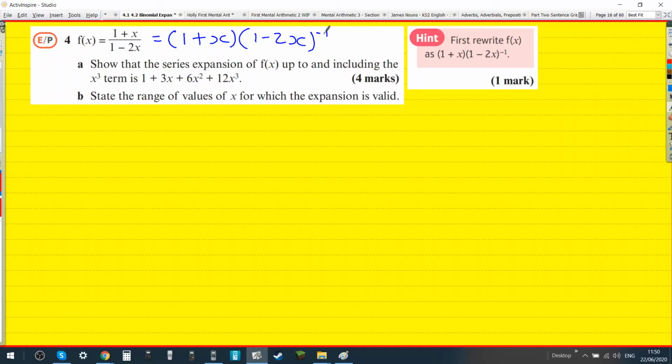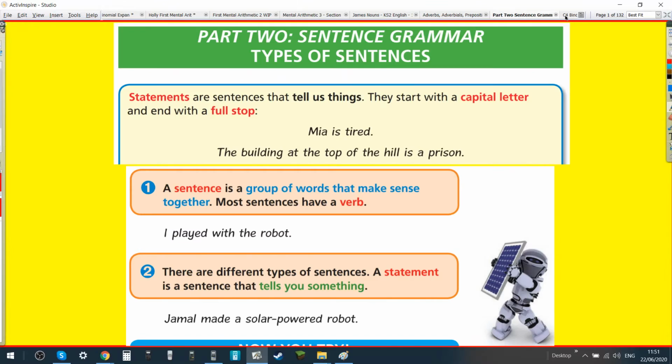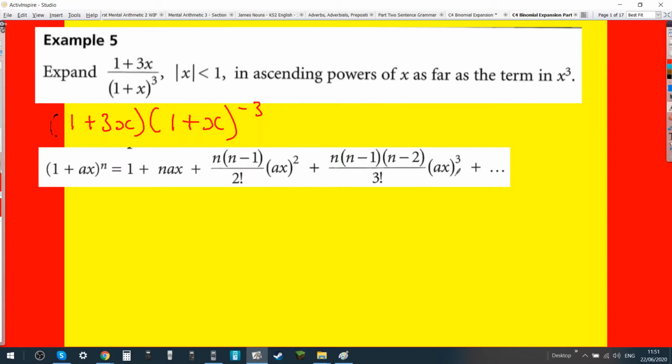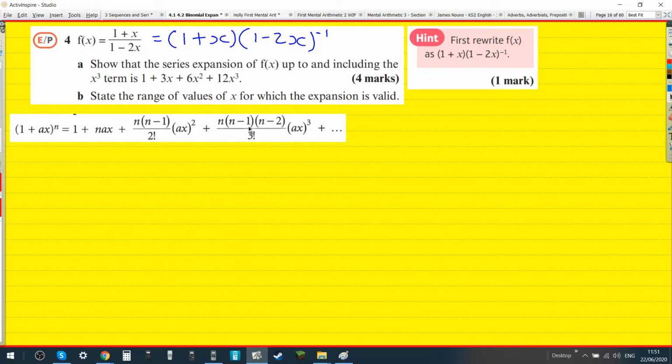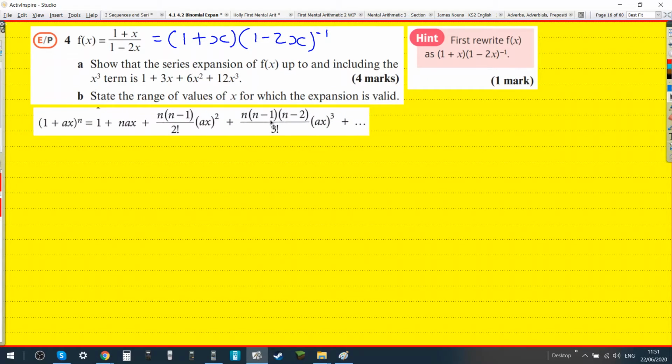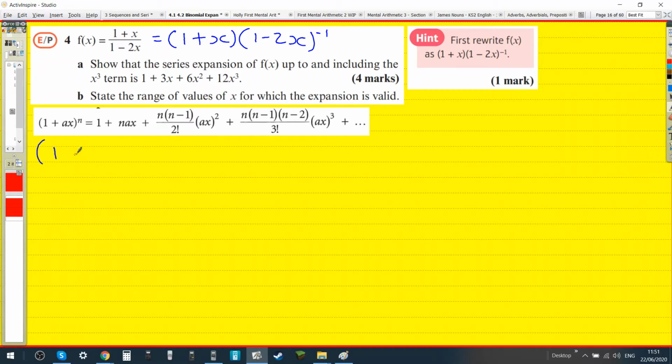1 minus 2x to the minus 1. First 4 terms of the expansion for that one. Let me get the formula, which is given to you. There we go. So just expand the second bracket.